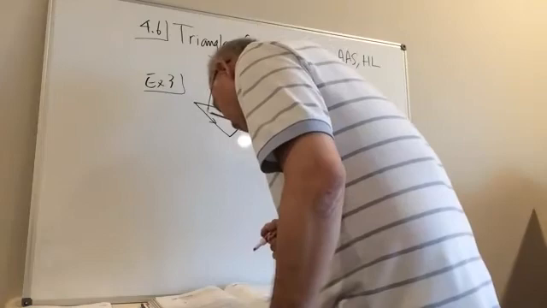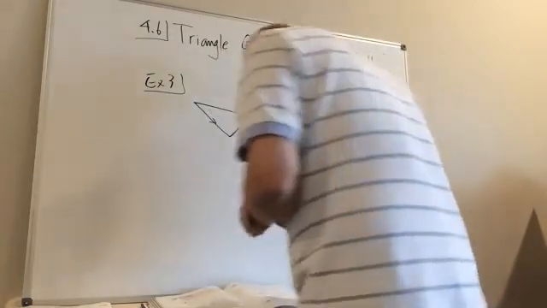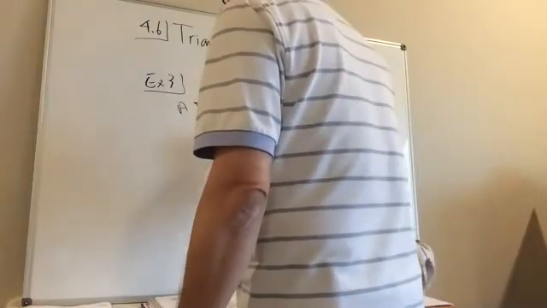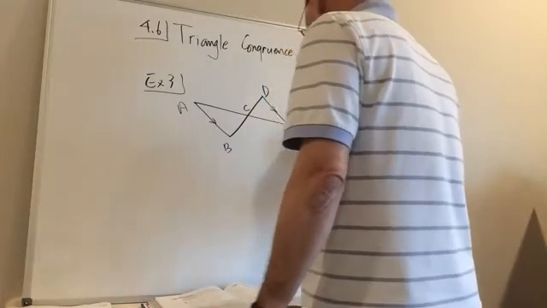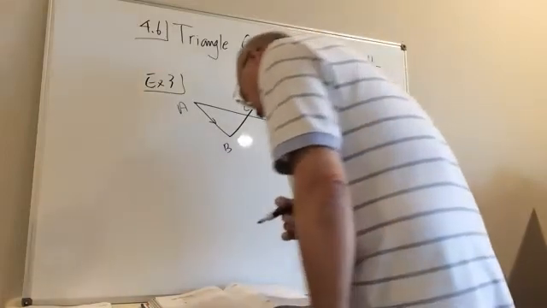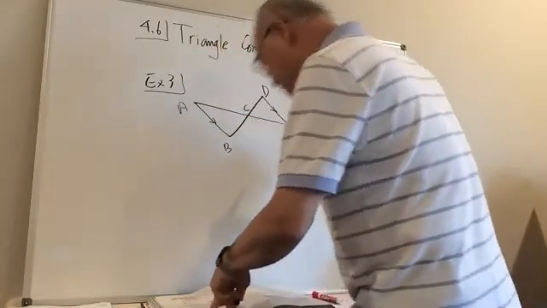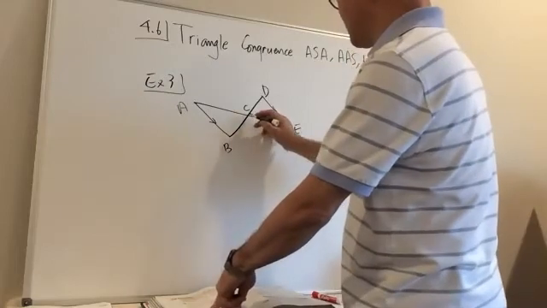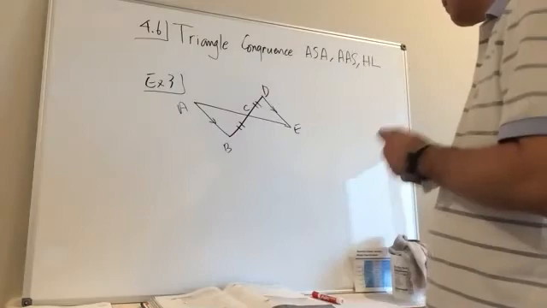Given that those are parallel and BC and DC are congruent, I have points A, B, C, D, E, and I am told that these two lines are parallel. I already marked that, and I have BC and DC. These two are congruent, right?